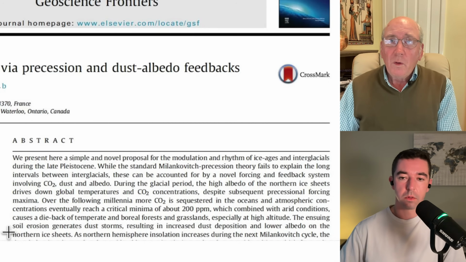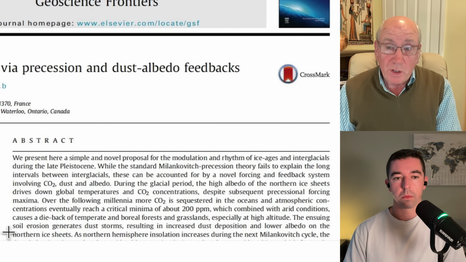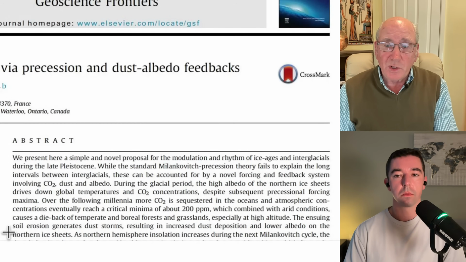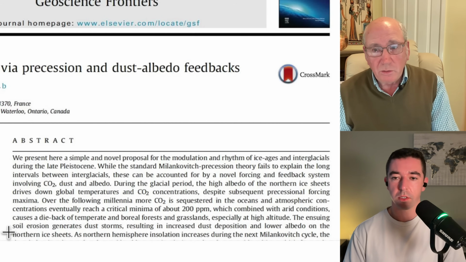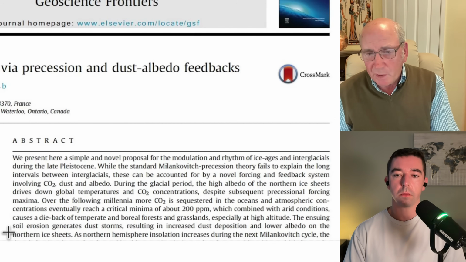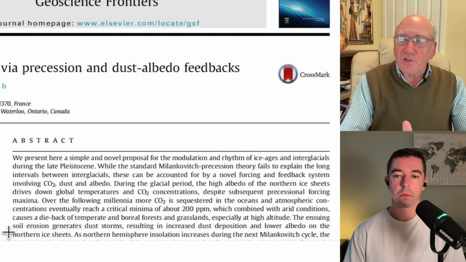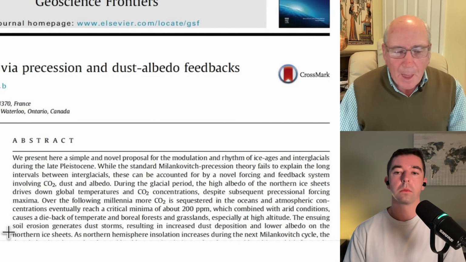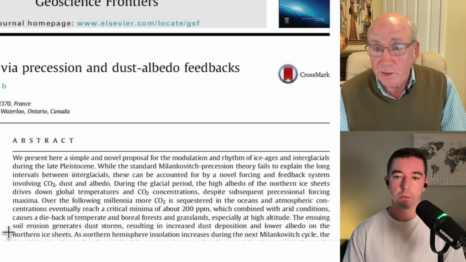So what has not been done in the vast majority of these papers on ice age cycles is they've not included dust. There are one or two. There's Ganopolsky and there's Marwold. But Ganopolsky said it was ice sheets pushing across the land and causing glaciogenic debris and dust.